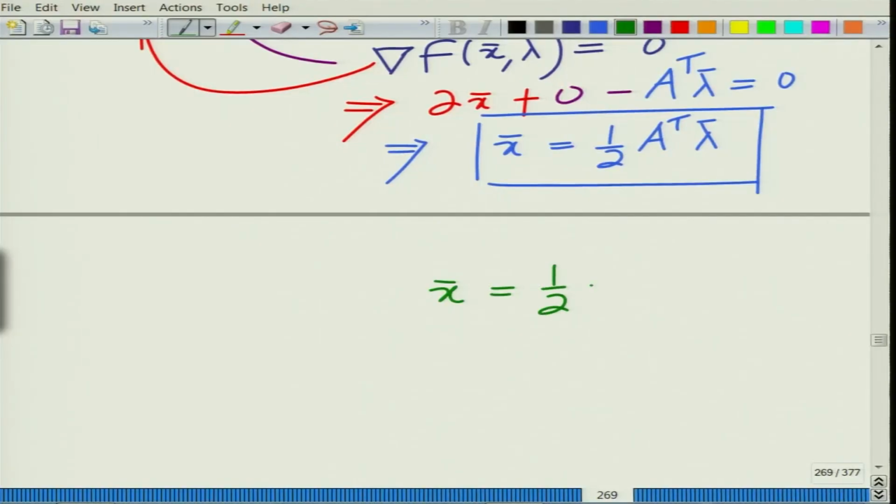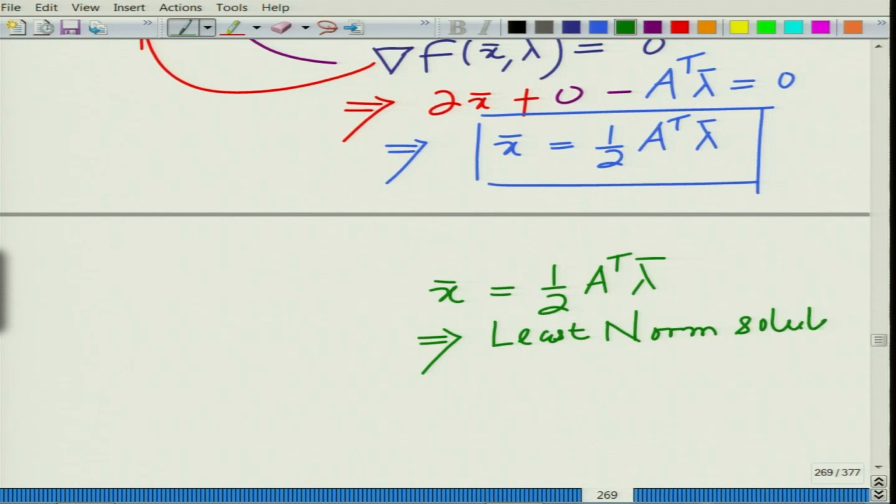So, x bar equal to half A transpose lambda bar implies the least norm solution has to lie in the column space.